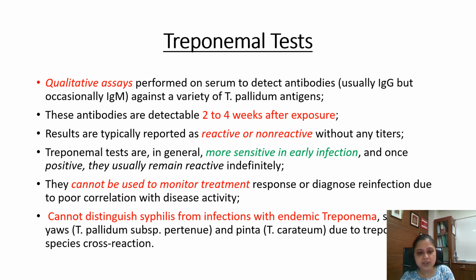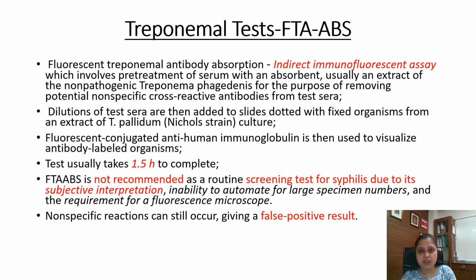Secondly, we cannot distinguish syphilis from infection with the endemic species like Treponema pallidum subspecies pertenue or carateum due to cross reaction. Now, coming to the treponemal test, that is the fluorescent treponemal antibody absorption. It is an indirect immunofluorescent assay which involves the pre-treatment of serum with an absorbent, usually an extract of a non-pathogenic treponemal species, that is the Reiter strain, which is used for removing the potential non-specific cross-reactive antibodies from the test serum.